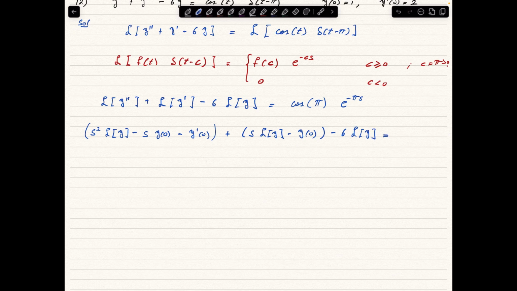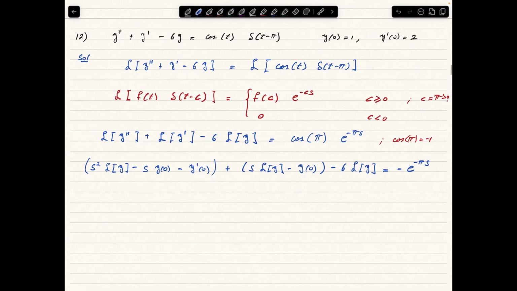And on the right side, well, let's recall that cosine of pi is well known, is -1, so we end up with just negative exponential minus pi s. Alright, what are our initial conditions? Our initial conditions are these two, so that means that here we have equal 1. Over here this quantity is also equal 1.